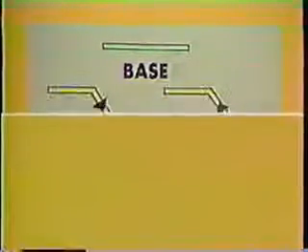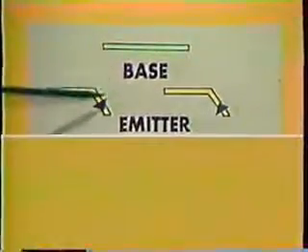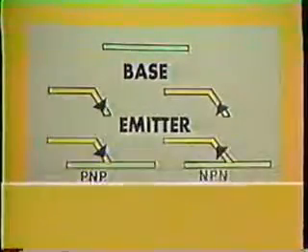On a schematic diagram of a piece of electronic equipment, the transistor is represented by these symbols. The base of the transistor is represented by a straight line. The emitter is represented by an arrow, like this, or this.